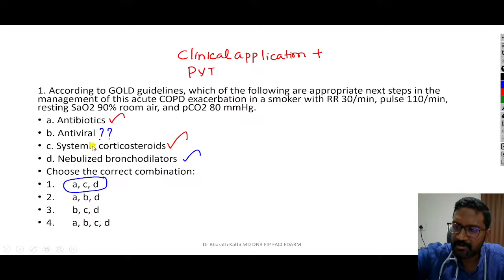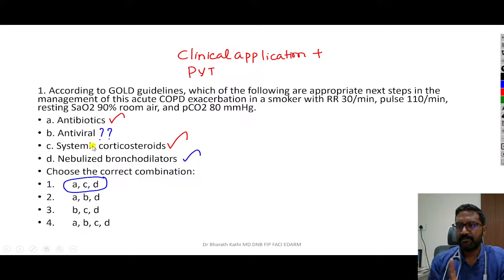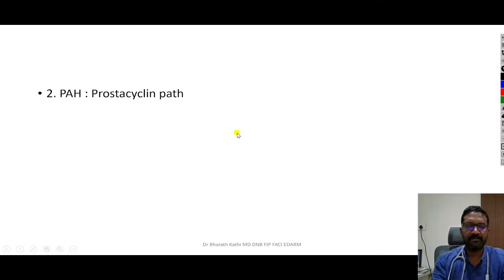I want you to tell me in the chat box. Was this a question? Given COPD exacerbation, what is to be done? Definitely antibiotic, bronchodilator, steroid. And what to do in COPD exacerbation initially is NIV. If patient is not improving or not fit for NIV, you go for invasive mechanical ventilation.